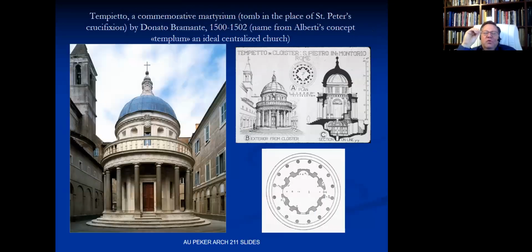Tempietto by Donato Bramante from 1500s. The idea is a temple derived from Alberti. Alberti named it Templum, which should be an idealized, centralized church.